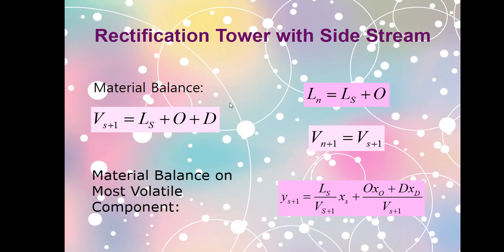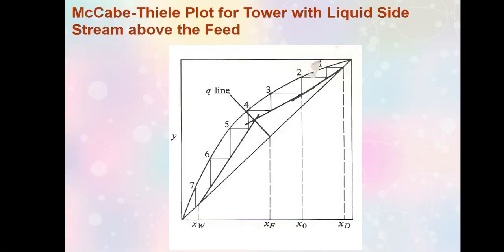Your operating line would be an operating line which has LS over V sub S plus 1 as the slope. So, these are the values, actually, of the liquid and the vapor phases that leave the particular section. And this one is a constant: the O times X sub O and the D times X sub D, divided by the V sub S plus 1. So this is your slope and this is your y-intercept.